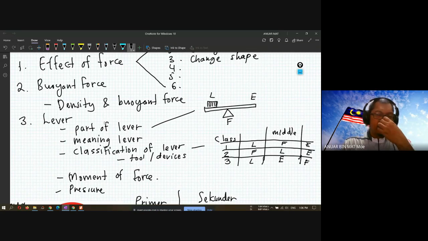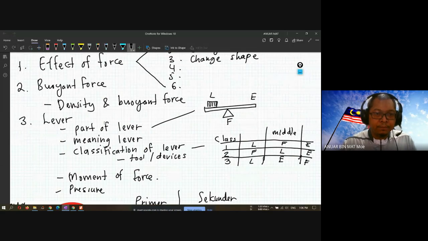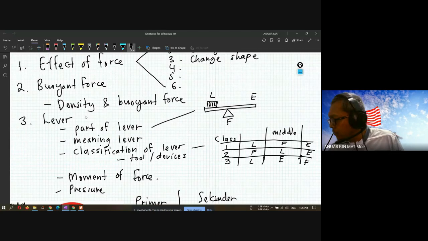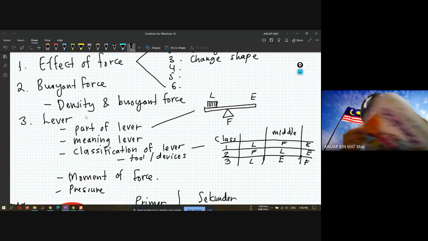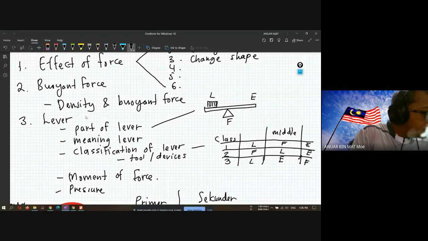We already finished the introduction of pressure, right? So I think, is it a part of lever or no? Wait, I check first, because 8.2 has a lot of topics: moment of force and pressure.